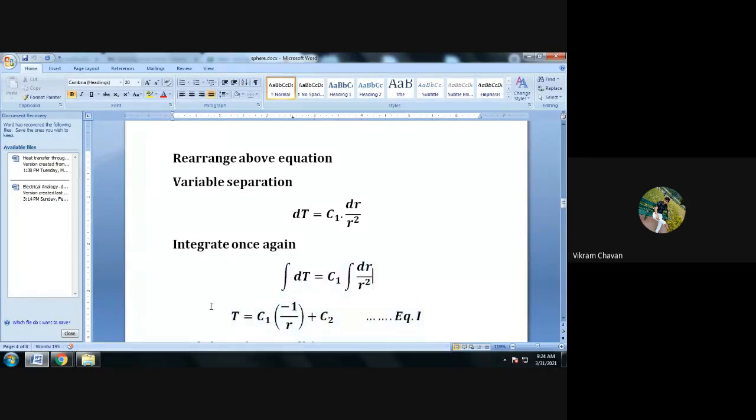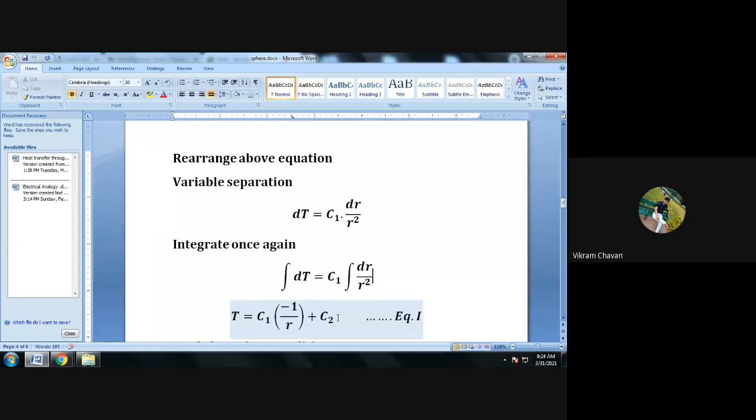So we will get the integration of dt as t is equal to c1 into bracket minus 1 upon r. So integration of 1 upon r square is minus 1 upon r. So c1 multiplied into bracket minus 1 upon r plus c2. Now we have to add the second integration constant.